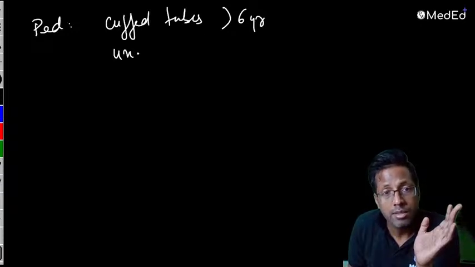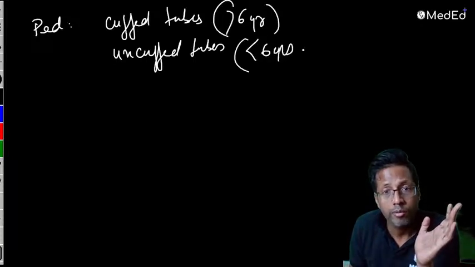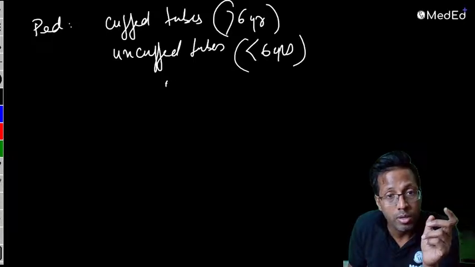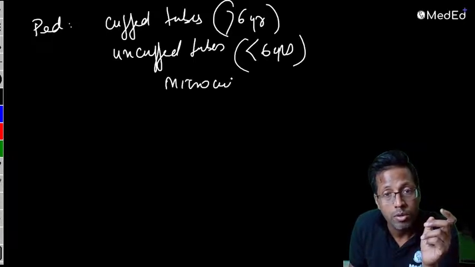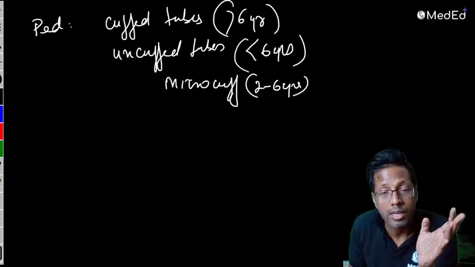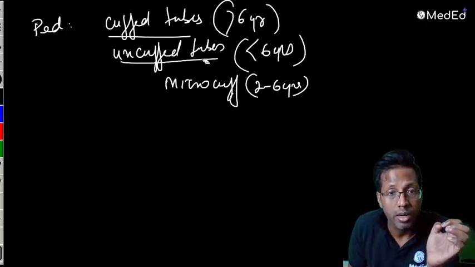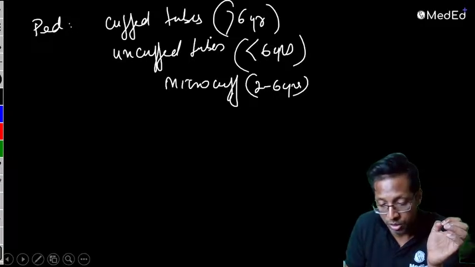If someone is less than 6 years of age, it is uncuffed tubes. But nowadays we also use micro cuff tubes. Micro cuffs can be used between 2 to 6 years. And less than 2 years is always uncuffed. But the ideal difference is between cuffed and uncuffed tubes. That is for a pediatric patient.